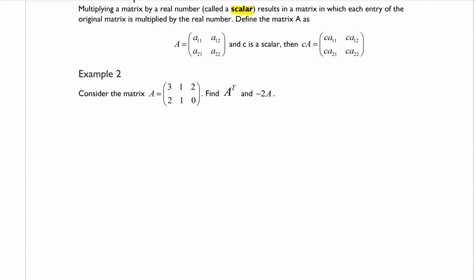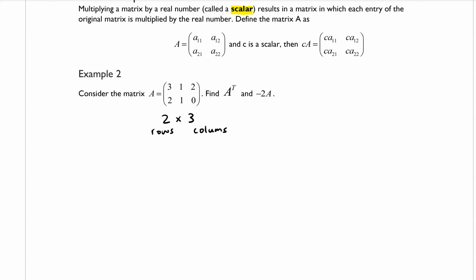So it says, consider the matrix A. Note that it is a 2 by 3 matrix because there are 2 rows and 3 columns. And the first part of the question wants us to find A transpose. So notice this has nothing to do with scalar multiplication. It just wants us to find the transpose.